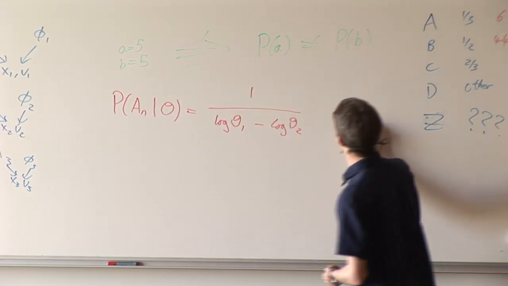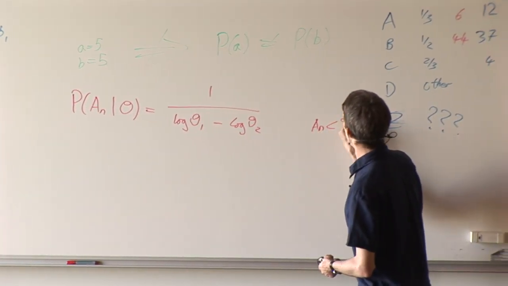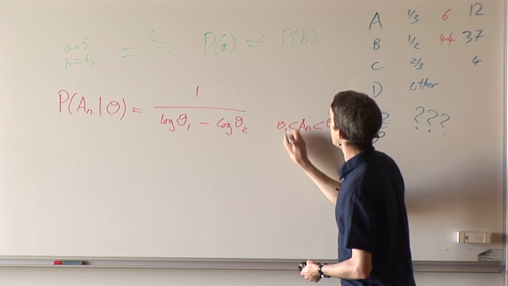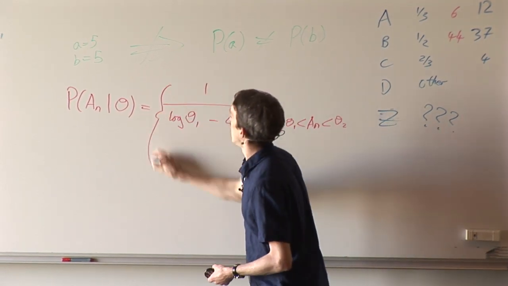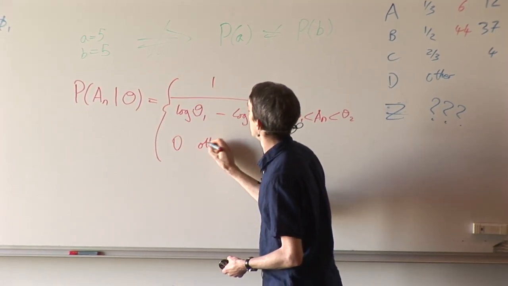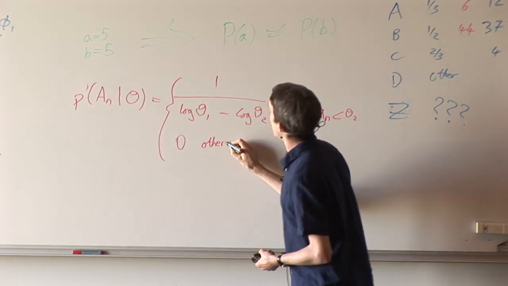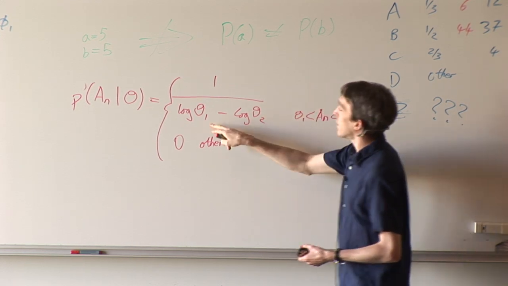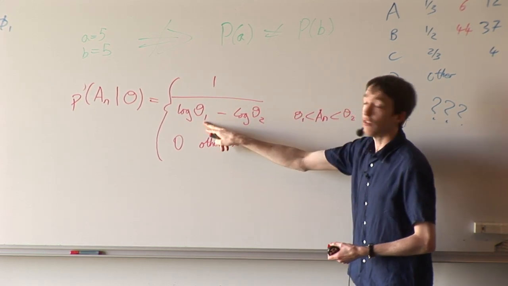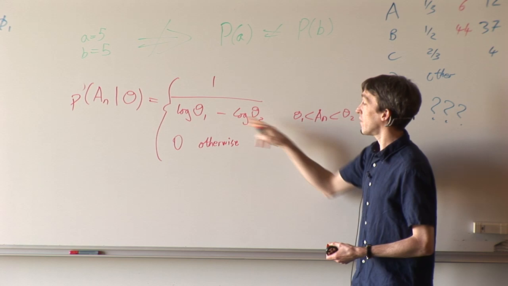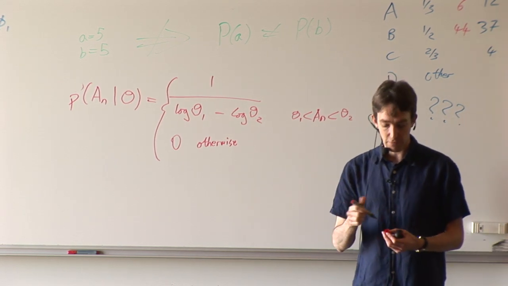I could insist that my amplitude is between theta 1 and theta 2, some range, and 0 otherwise. Sorry, this is a density. But what I don't know is what this range is, and I'm prepared to learn these numbers, theta 1 and theta 2, from the data itself.